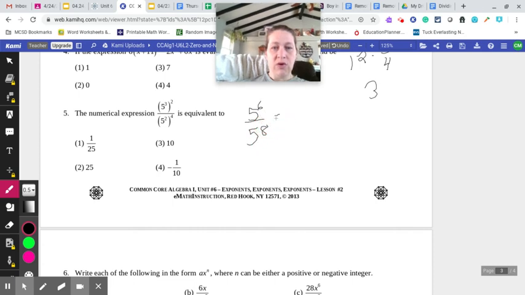Okay. When they have the same base, we subtract. And we see that the largest exponent is in the denominator. So we're going to put it down here. 8 minus 6 is 2. Put a 1 up on the top. And 5 to the second is 25.